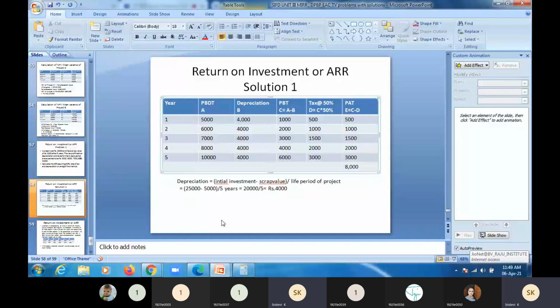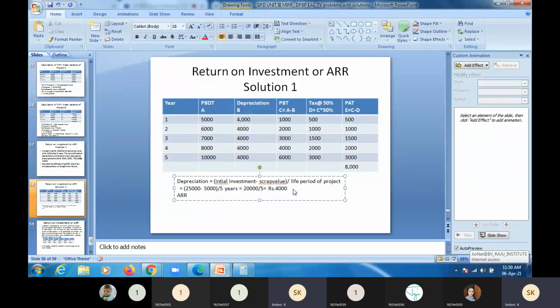So what is the average profit here? So you have to take the average profit. What is the formula to calculate ARR?